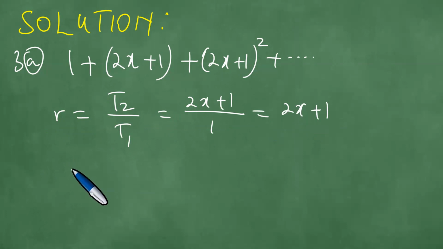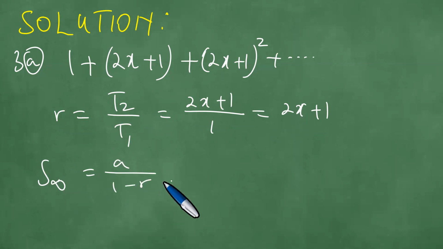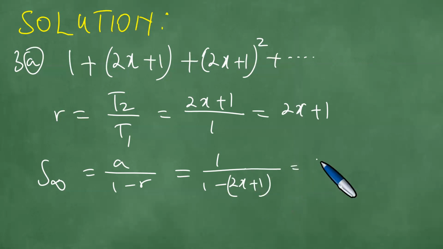So now, which values of x will the following geometric series converge? The first term is 1. One divided by 1 minus 2x plus 1, which is minus 1 over 2x.